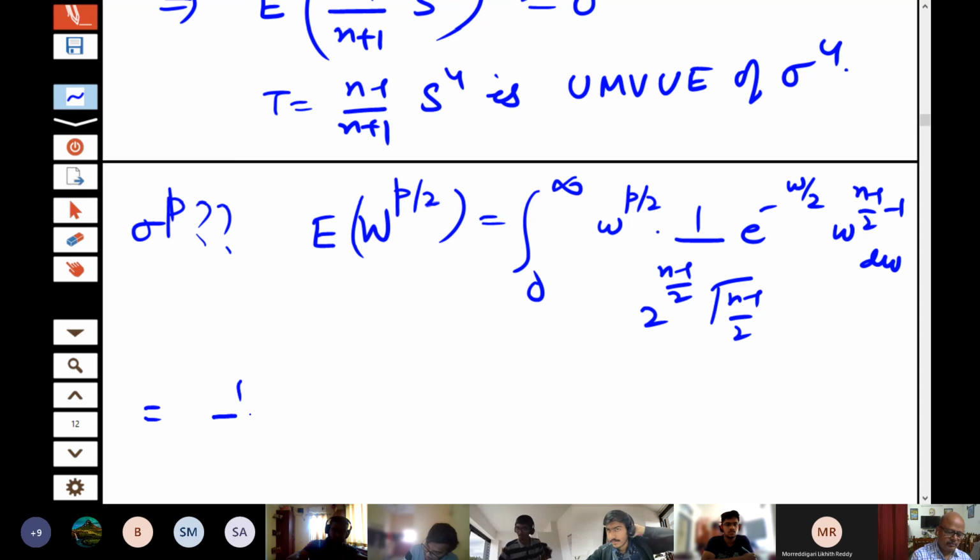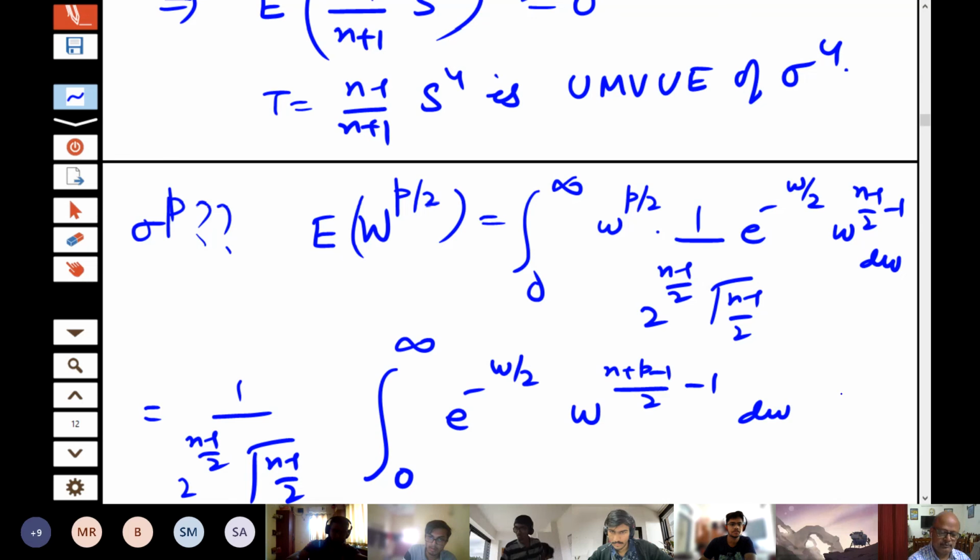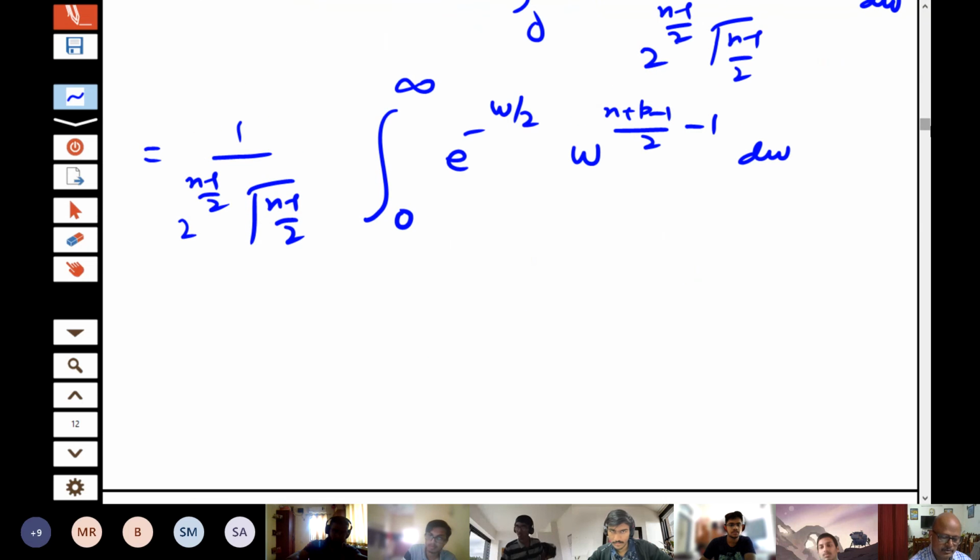So that is equal to 1 by 2 to the power n minus 1 by 2 gamma n minus 1 by 2 integral 0 to infinity e to the power minus w by 2 w to the power n plus p minus 1 by 2 minus 1 dw. So this is nothing but the gamma function. So the value will come straight forward.